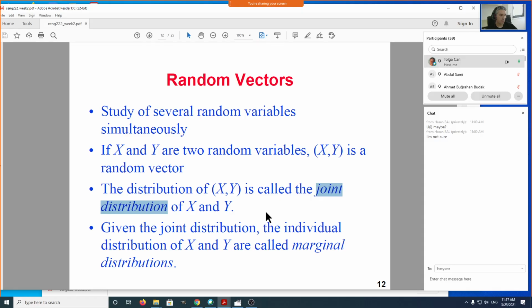Whether you did this or not, you did this or not. So you ask 20 different questions to an object. Does this exist or not type of questions. If you look at the joint probability distribution, the number of outcomes that you can have is 2 to the 20. The sample space is this much. So 2 to the 20 is a large number.